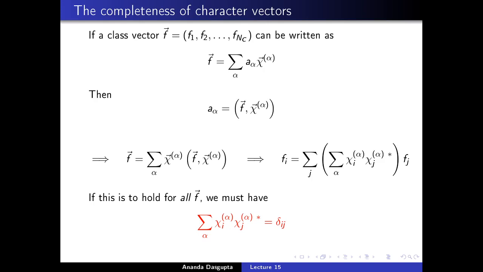So, if our character vectors for irreducible representations form a complete set over and above being an orthogonal set, then you must have this result that chi j alpha conjugate summed over all possible irreps must give you the delta symbol.